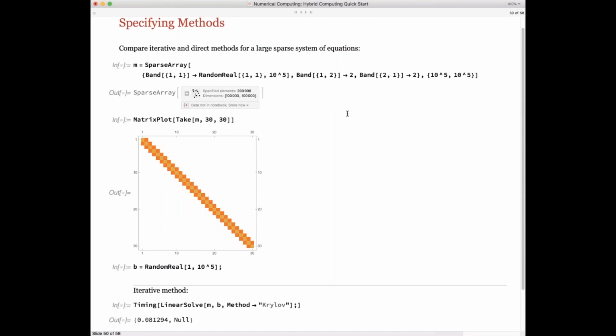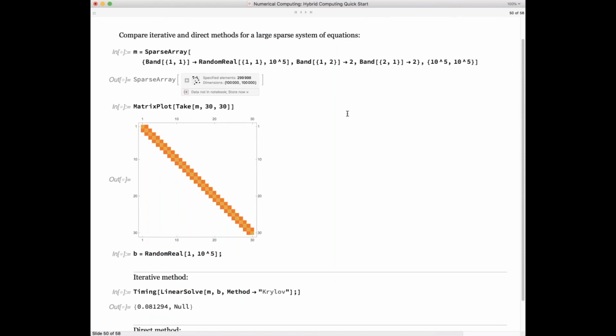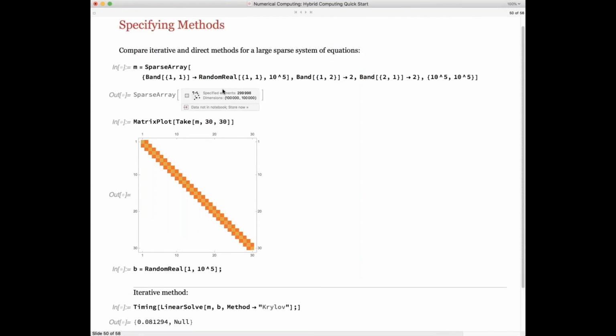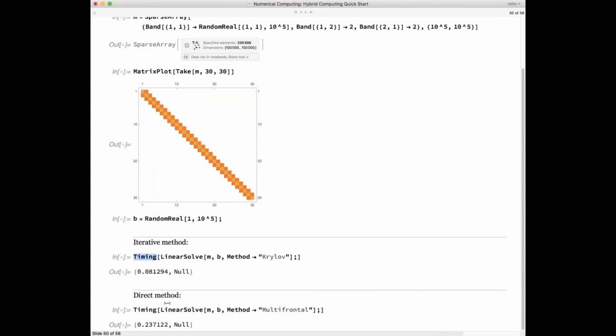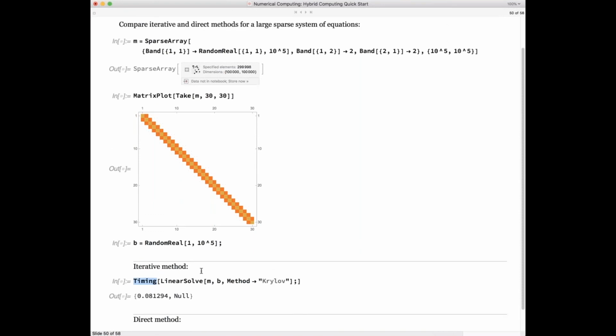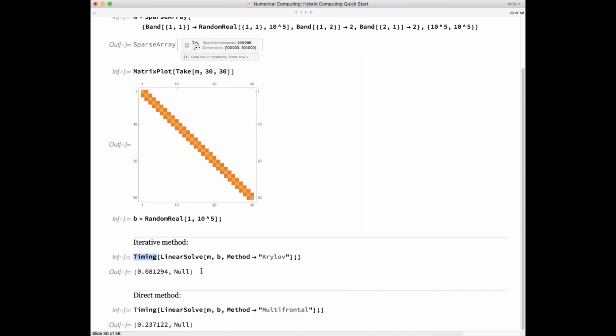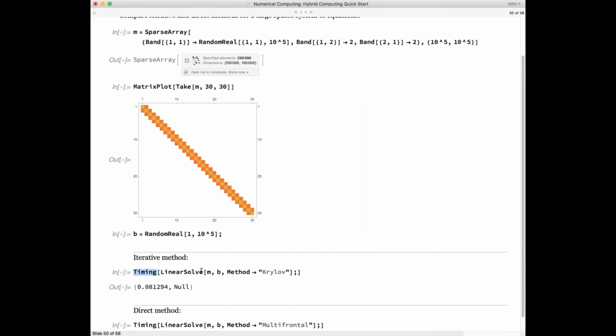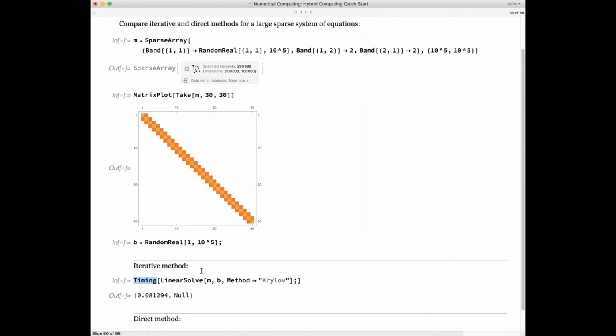Using the Timing function, we find that for this example, the iterative method is almost 3 times faster. So you can let Mathematica use its own method based on your symbolic input, or if you want to give your own specific method, you can also specify that.